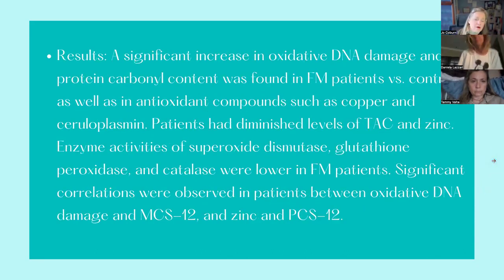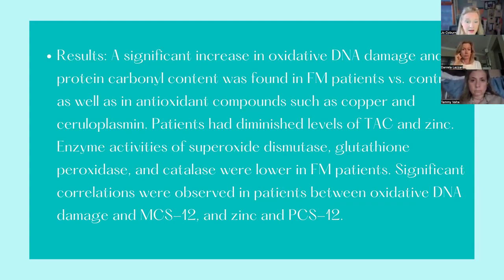What they found was a significant increase in oxidative DNA damage and protein carbonyl content in the FM patients versus controls, as well as antioxidant compounds such as copper and ceruloplasmin. Patients had diminished levels of TAC, total antioxidant capacity, and zinc.